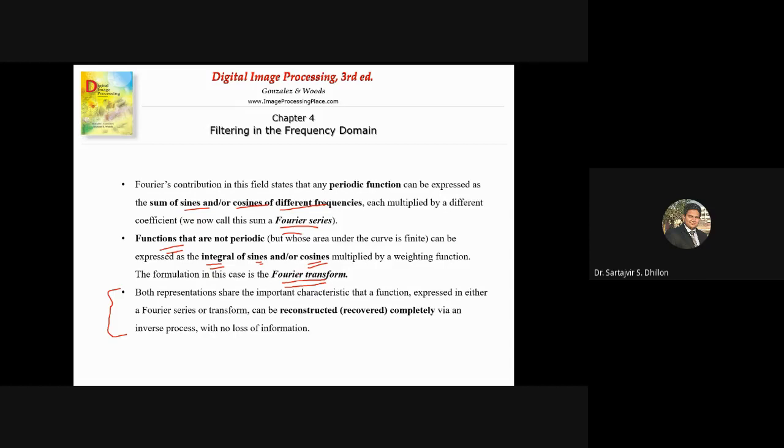So there are some specific operations which are available in the frequency domain but not available in the spatial domain. That's why we are using the frequency domain in digital image processing. But it is noted that we have to first convert the spatial domain into the frequency domain to perform the mathematical operations and then reconvert back into its original form so that we can visualize the results.